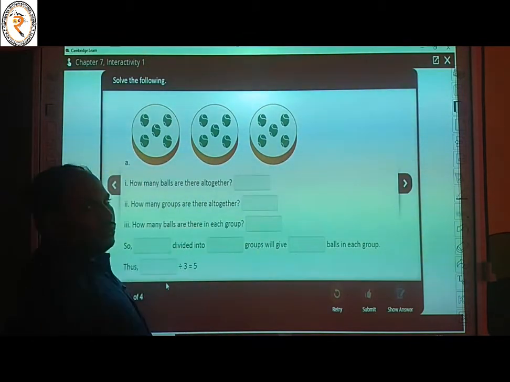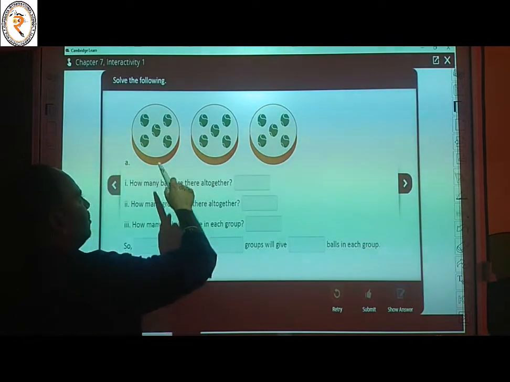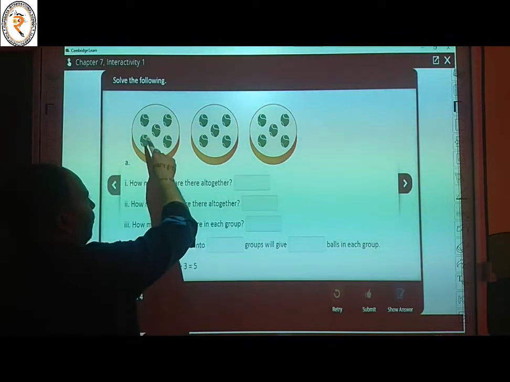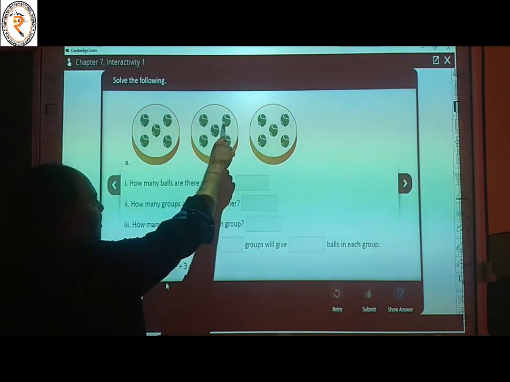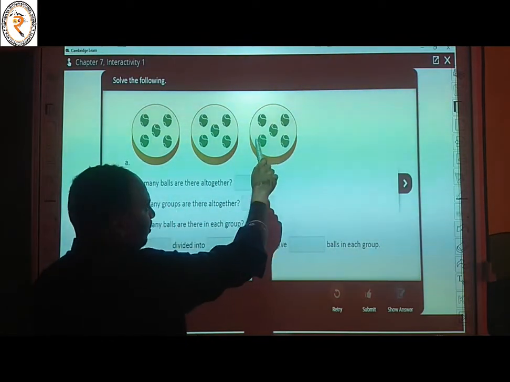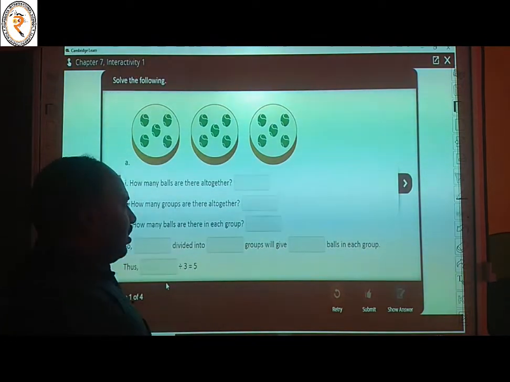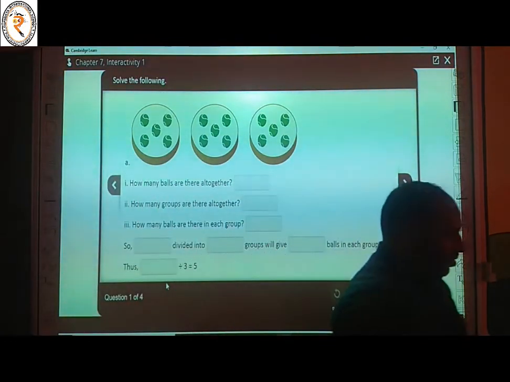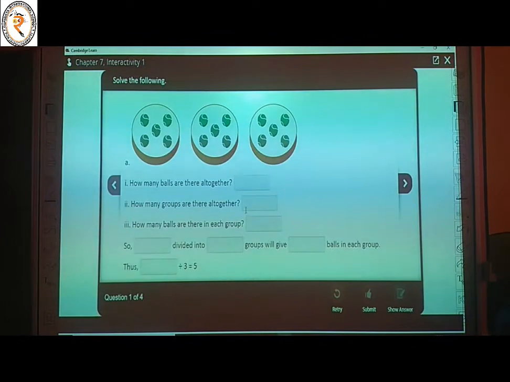Altogether means we want to add every ball. So we have totally 15 balls.